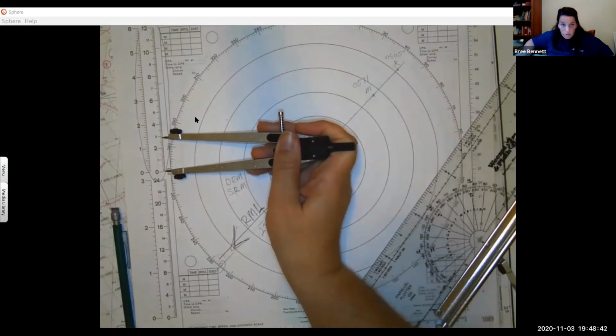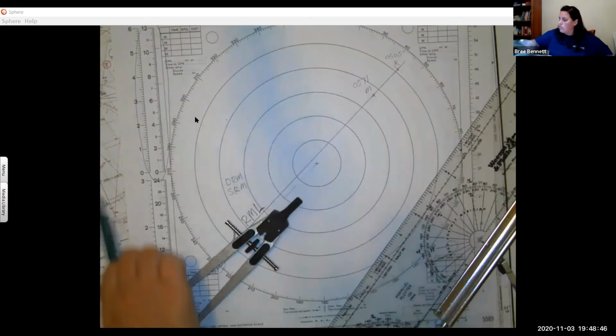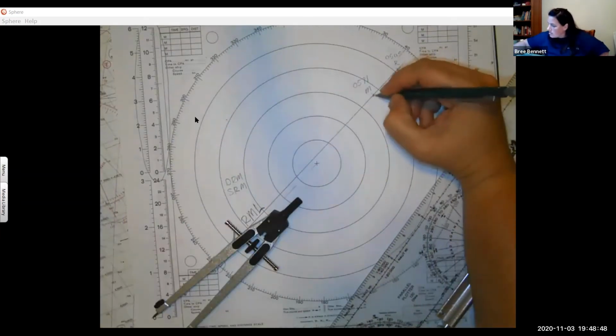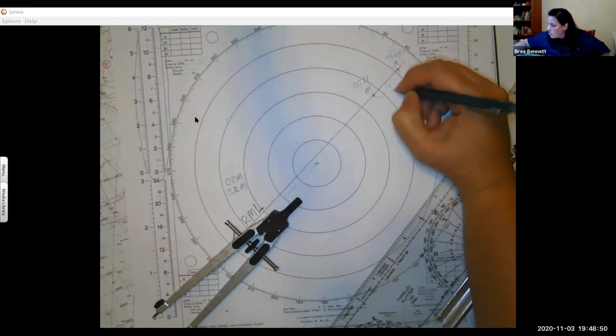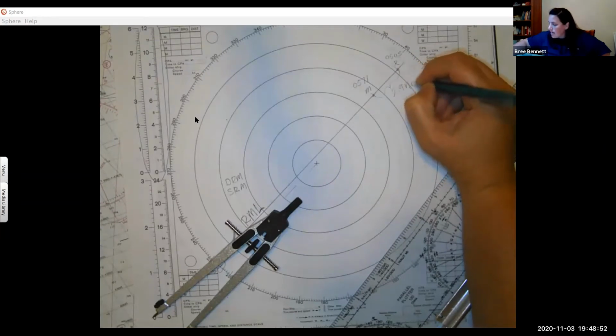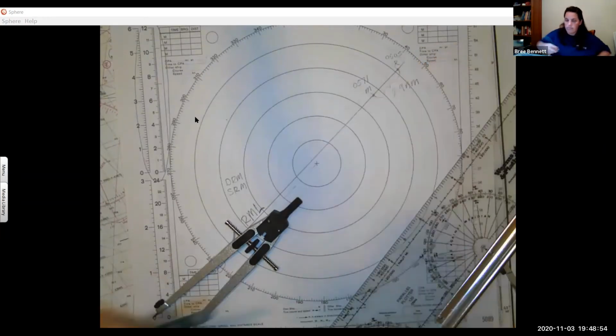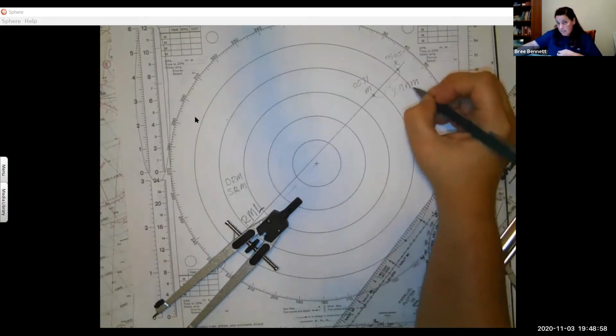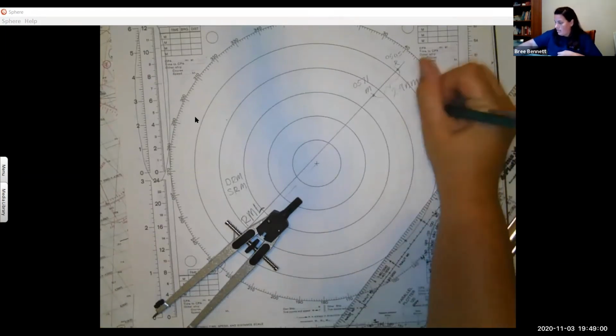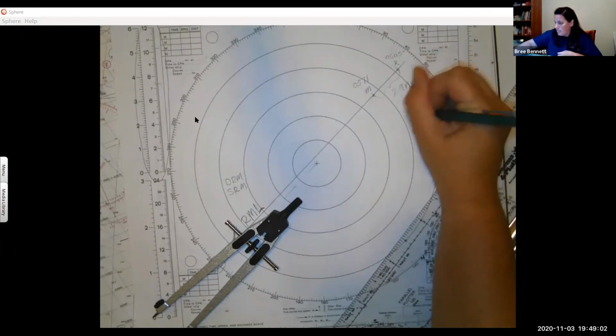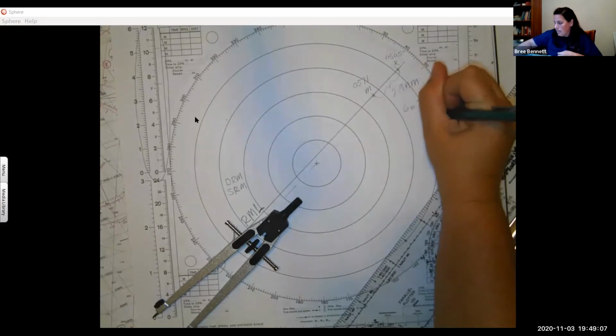I got about 2.9. You guys see that? My distance here was 2.9 nautical miles. My time is 6 minutes. What is my speed?